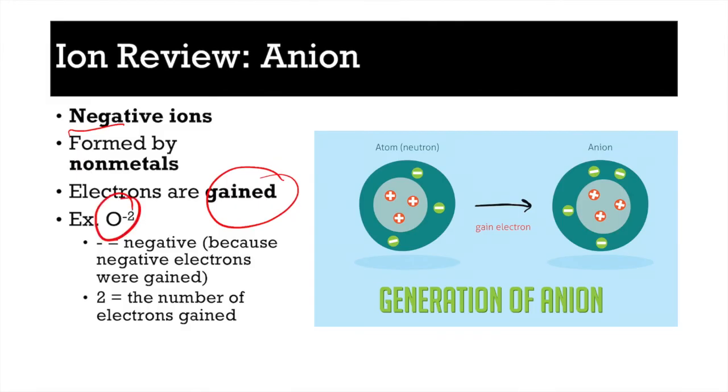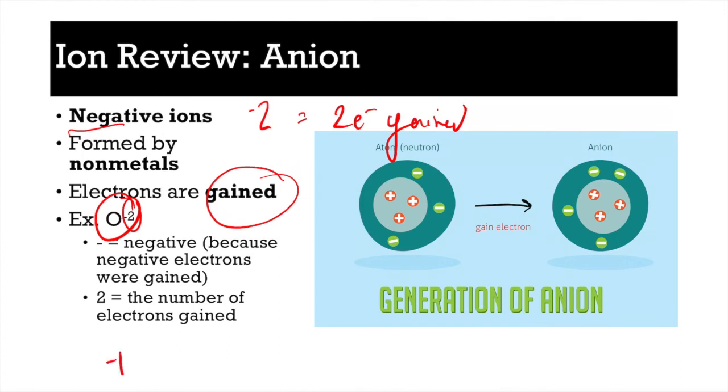So if we're looking at the anions of nonmetals, you'll see a negative sign, and that negative sign means it's negative because electrons were gained. And that number tells you the number of electrons that were gained. So a negative 2 would mean 2 electrons are gained.